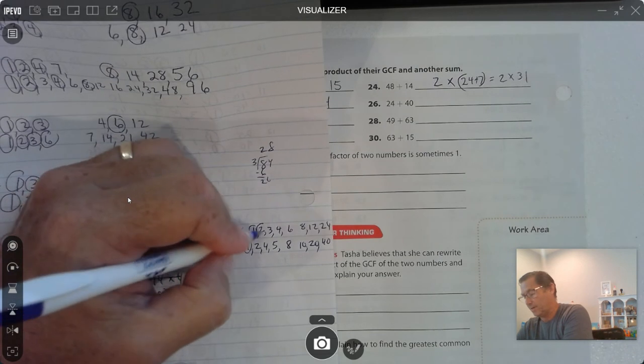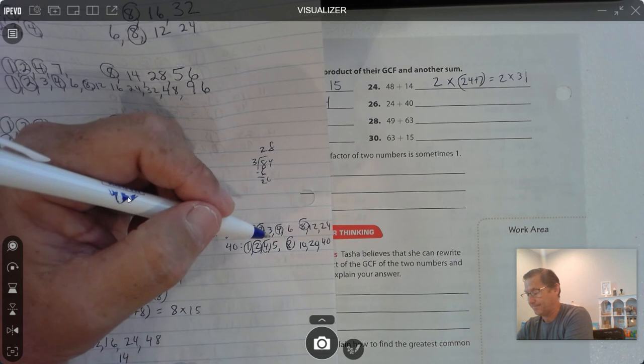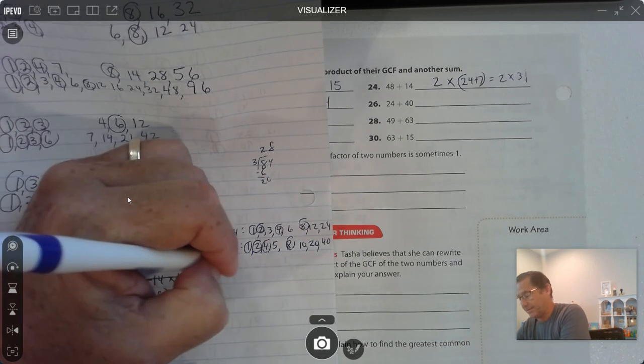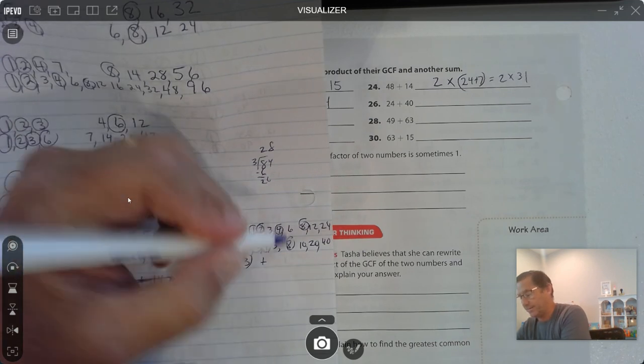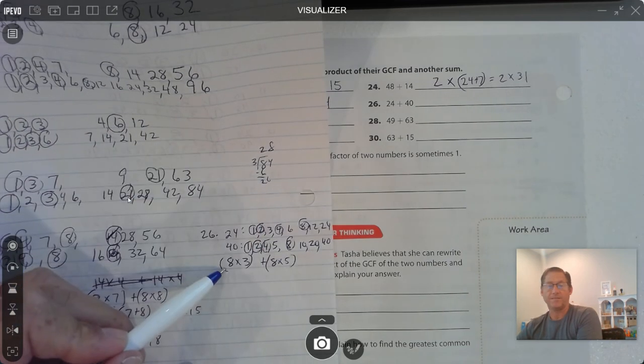Okay, factors in common: 1, 2, 4, 8. Greatest common factor is 8, so 8 times 3 plus 8 times 5.